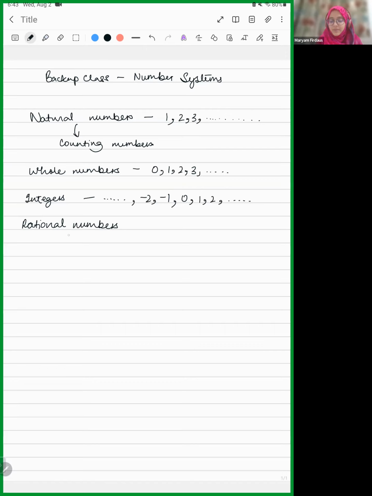What is the definition of rational numbers? Rational numbers are in the form of p by q, where p and q are integers and q is not equal to 0.